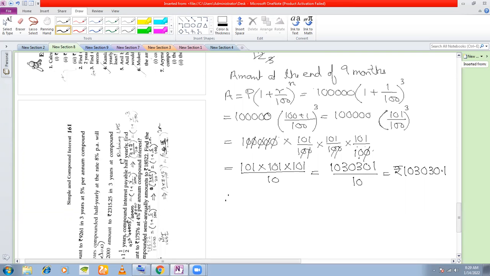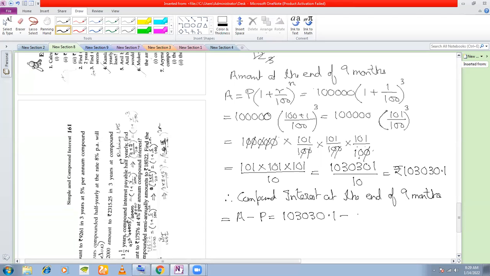And therefore, compound interest at the end of 9 months is equal to A minus P, which is 1,03,030.1 minus 1 lakh.